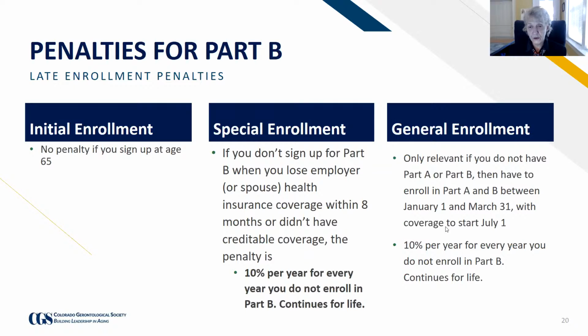And it's important to know that that penalty, even when you enroll in January, continues to run until July 1. So an example is that if you were 65, you decided at age 70 that you wanted to enroll in Medicare Part B, you didn't do it correctly, or you lost your special enrollment period because you didn't do it within 8 months, then you would now have a 60% penalty that you would have to pay on your Part B premium for life.